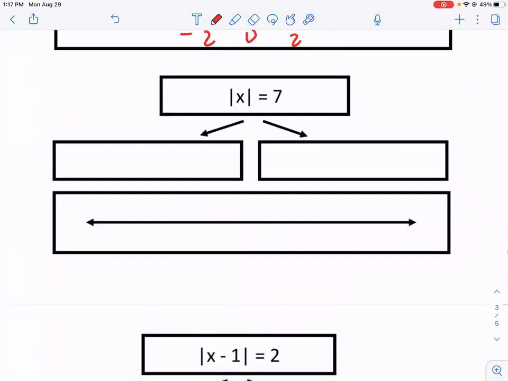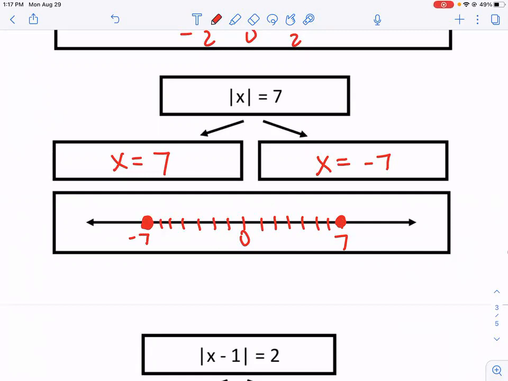On this one at the bottom, x equals everybody? And x equals? And you're like, Mrs. Holman, you're boring me.